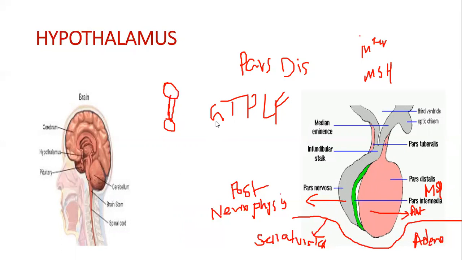And what is GTPLF? It is growth hormone, thyroid stimulating hormone, prolactin, luteinizing hormone, and follicle stimulating hormone. Whereas the posterior pituitary gives just two hormones, oxytocin and vasopressin.